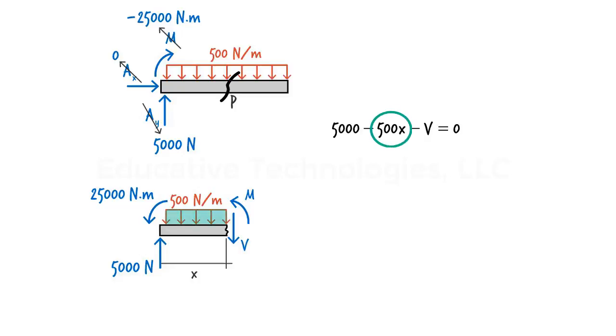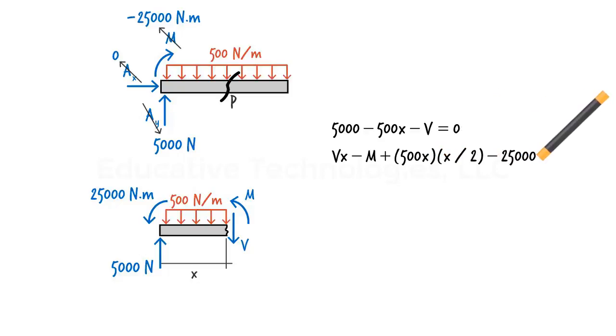Here, 500x is the area of the distributed load applied to the segment. The rectangular load has a height of 500 and a base of x. Therefore, its area is 500 times x. The sum of the moments about point A must be 0. Therefore, V times x minus M plus 500x times x over 2 minus 25,000 equals 0.